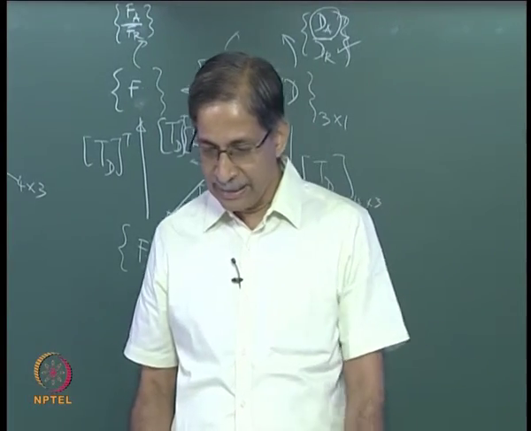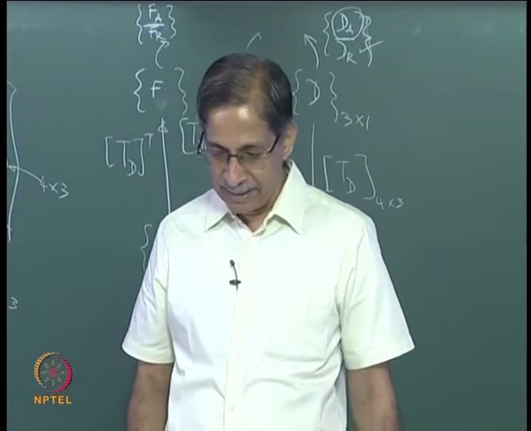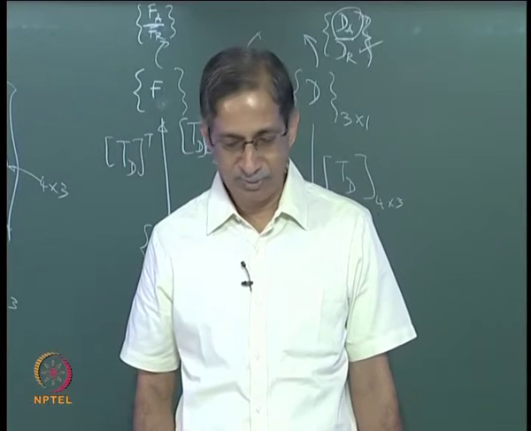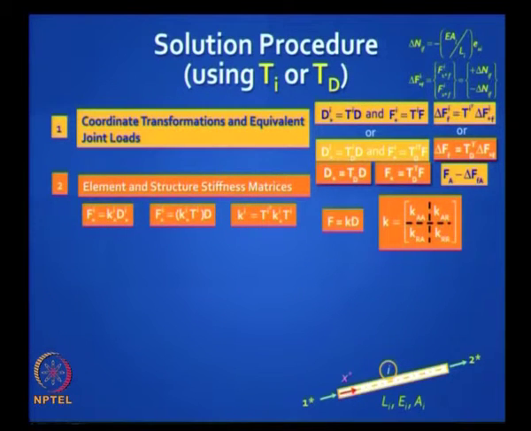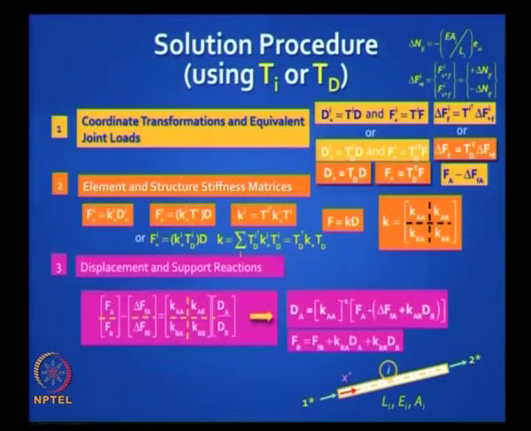If you are doing by the TD method, everything is same except you use TD and TD transpose. Then you generate the structure stiffness matrix, you do not have to do any extra work because we have already done this. You can do it either by the TI method or the TD method. Then you apply the basic equilibrium equations. Please note in these equations you have Fa, Fr.